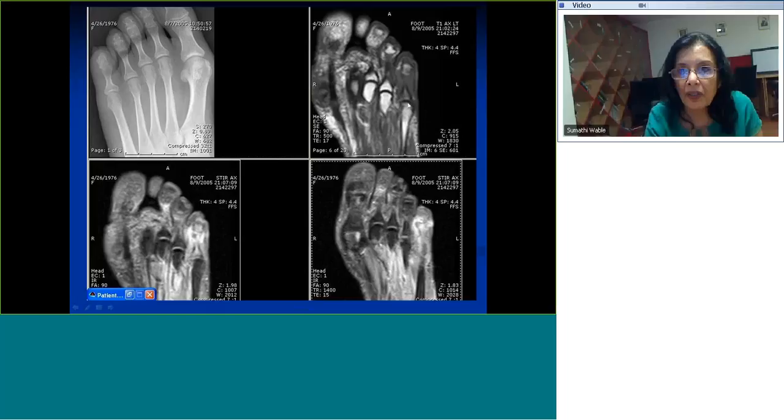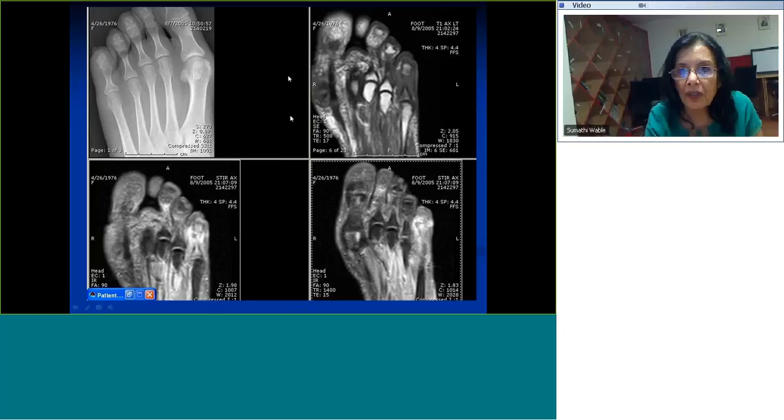Low signal on T1 is supposed to be more specific because you can see reactive edema even in the absence of osteomyelitis with adjacent cellulitis or soft tissue abscess. So you really want to look for T1 weighted images.